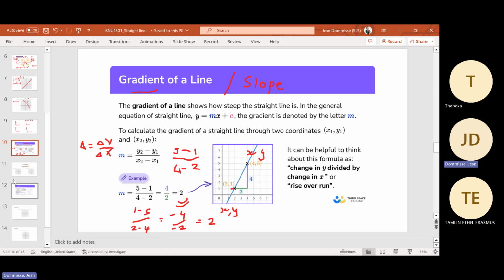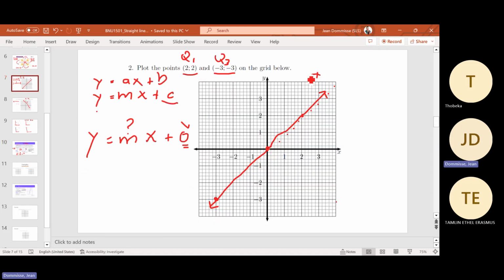Okay, so let's go back to these two. Let's calculate that slope. So the m is the change in y over the change in x. So let's use it. Y is 2 minus 3, over 2 also minus 3.